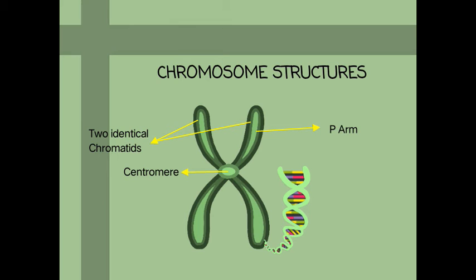The centromere is a constricted point of the chromosome. Its primary function is to provide the foundation for assembly of the kinetochore, which is a protein complex essential to proper chromosomal segregation during mitosis.